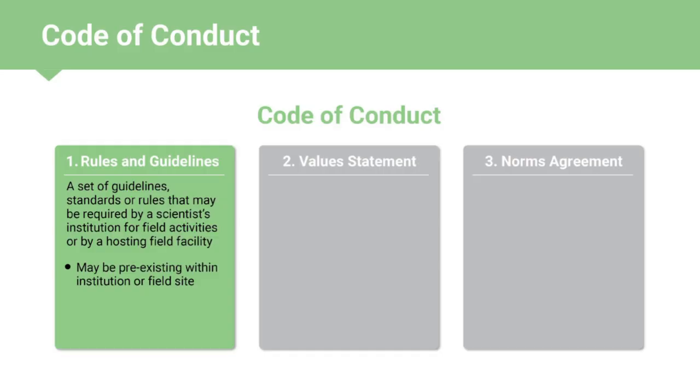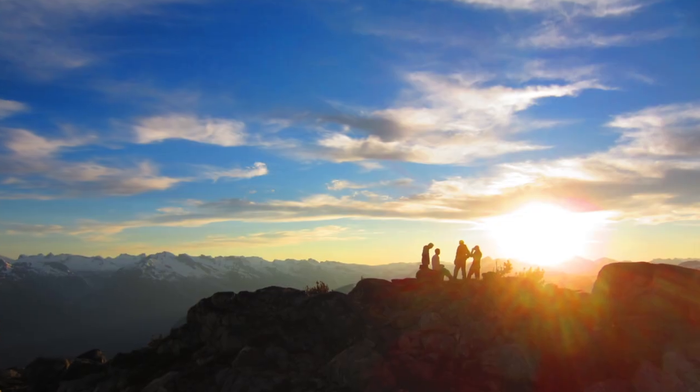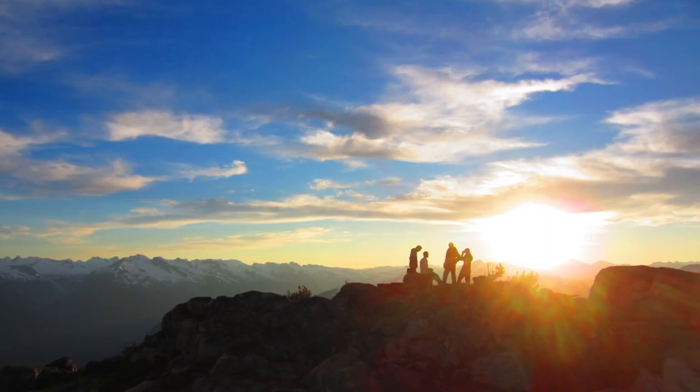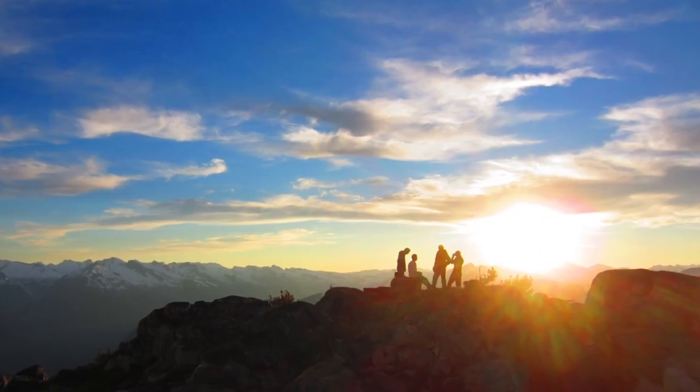These are likely existing documents or procedures that can be easily adopted and integrated into a code of conduct. If you have a standard set of guidelines from your organization or operating rules from a field station that you are expected to adhere to, you can filter through existing language to determine which are relevant for your field team, and that becomes part 1 of your code of conduct.